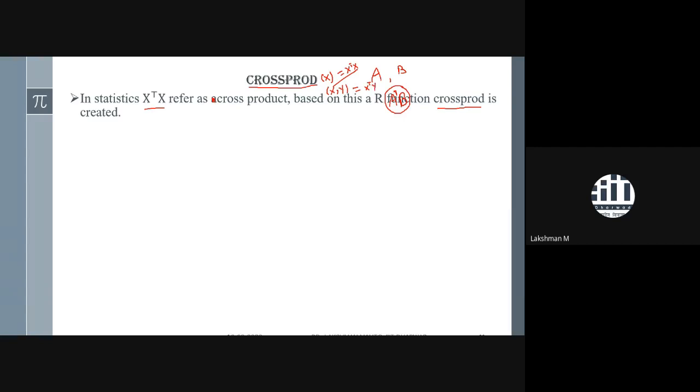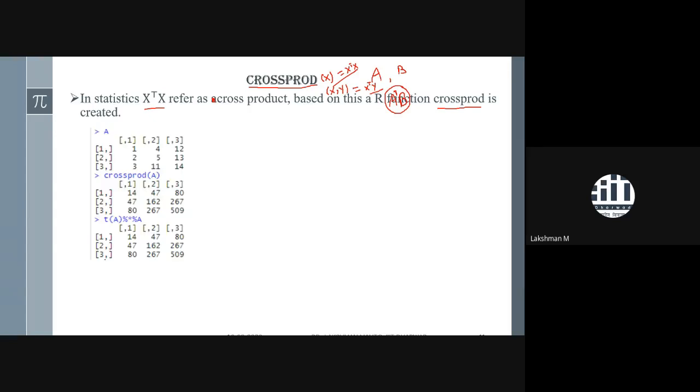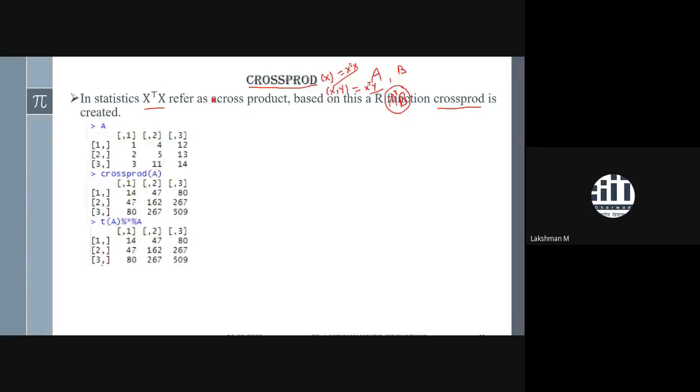I had already mentioned that capital letters denote matrices. So here we have taken matrix A, and we have taken only one matrix. Just apply the user-defined function crossprod.